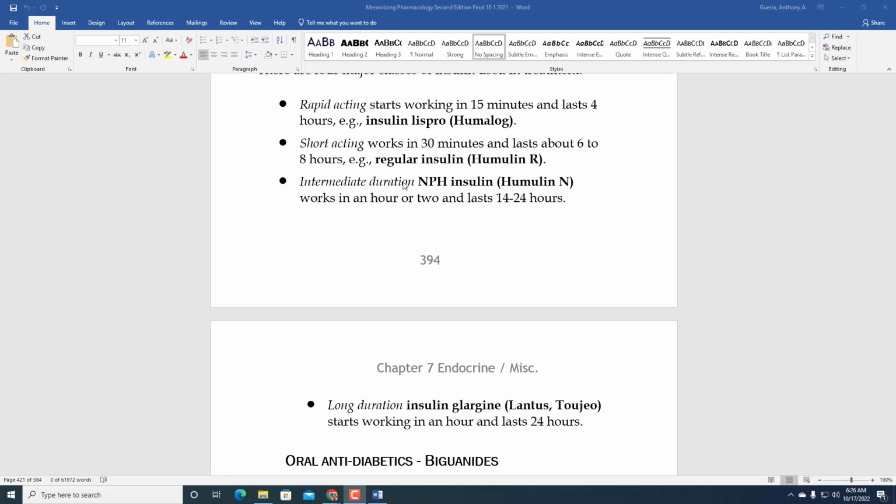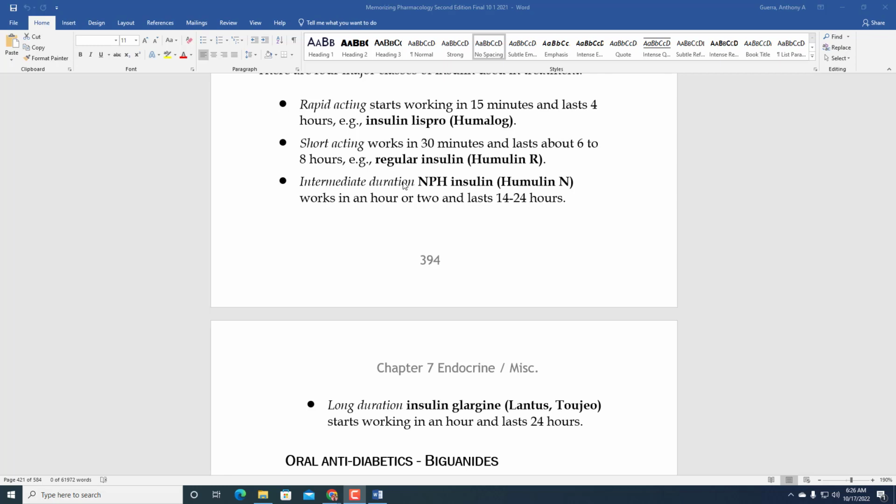With R, maybe there's some kind of titration up or down, where we're looking at their blood glucose first and then giving R. NPH would be given to control insulin levels over a much longer period of time. And then with insulin Glargine, are we giving it at nighttime or daytime? Which time are we choosing to do that?